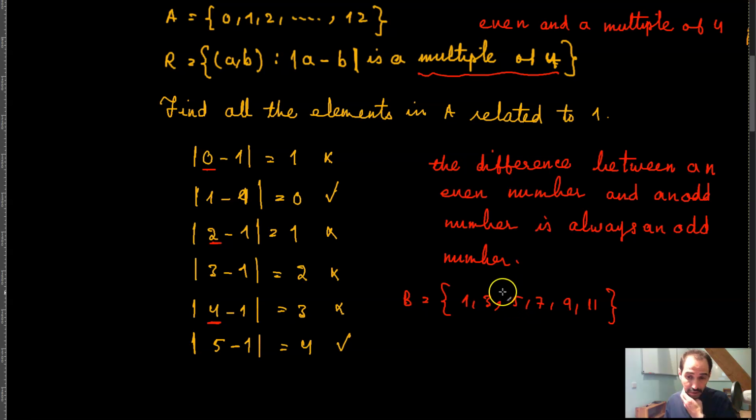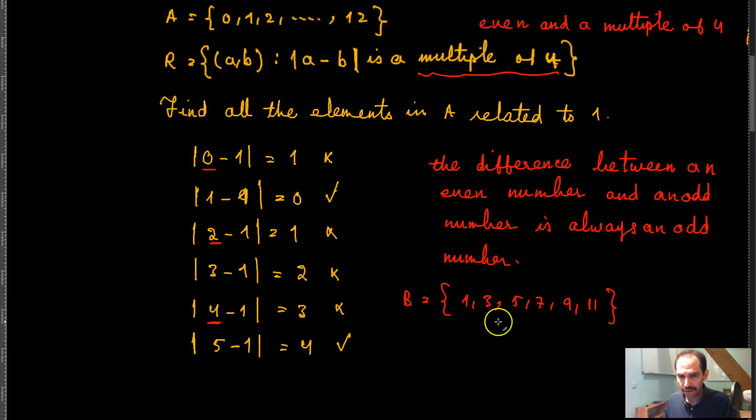Now I need to be looking for numbers in this set whose difference with 1 becomes a multiple of 4. Of course, 0 is not there, because 0 is an even number, right?